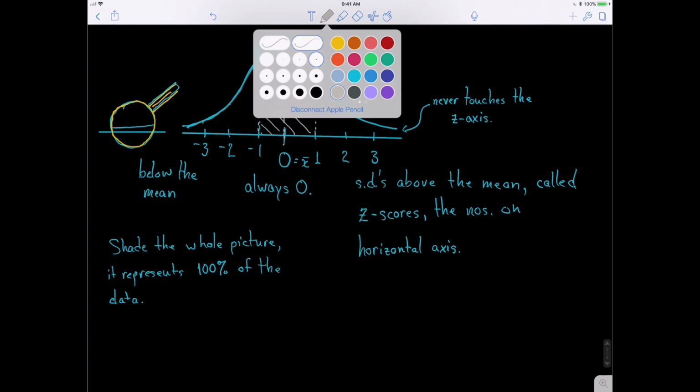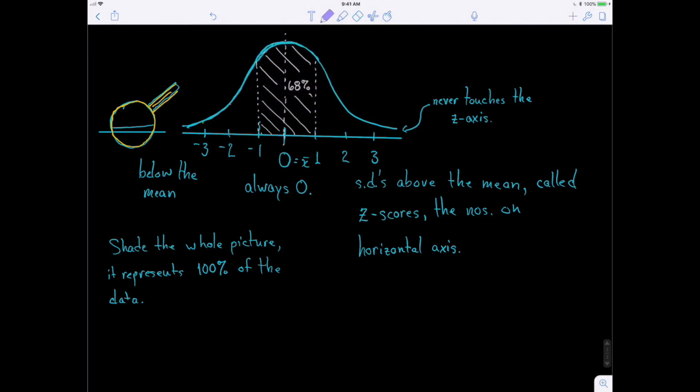Now, this pattern even continues again. Suppose I went to 2 standard deviations. I went 2 below and I go 2 above, and then I do the same thing. I start shading. Well, now, when I am done shading between -2 and 2, I will have shaded exactly 95% of the data.